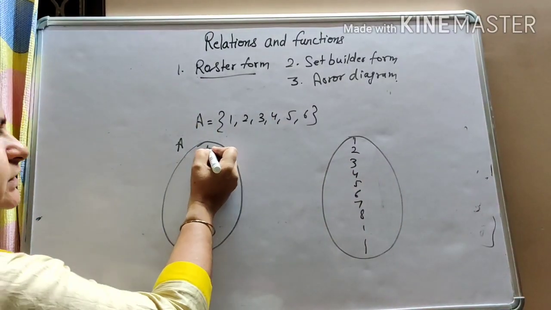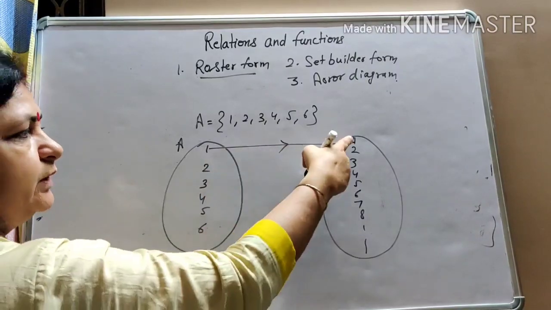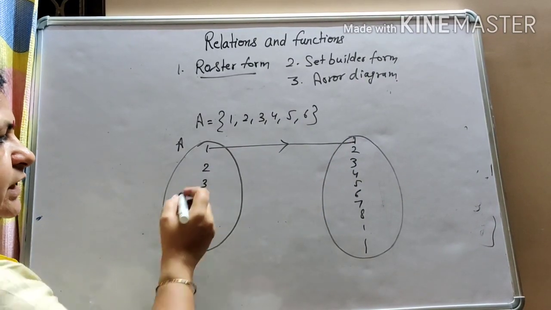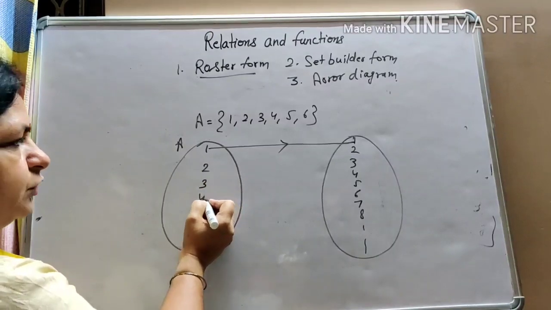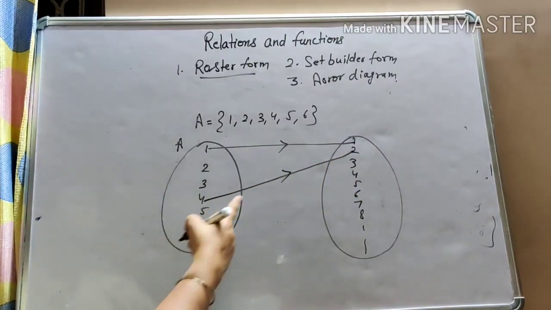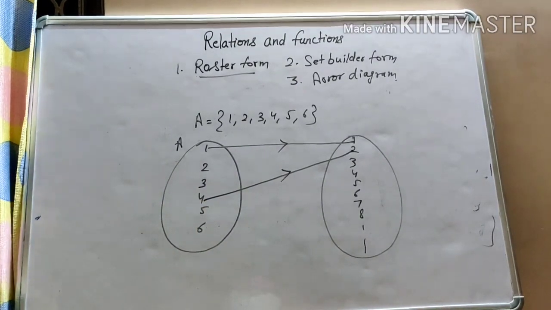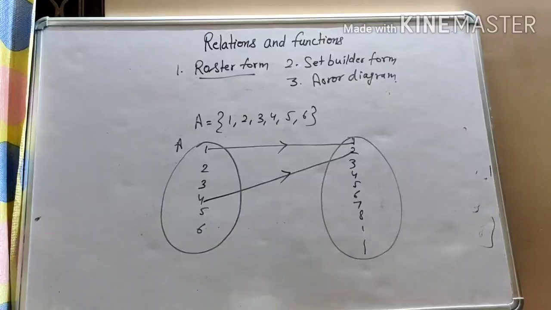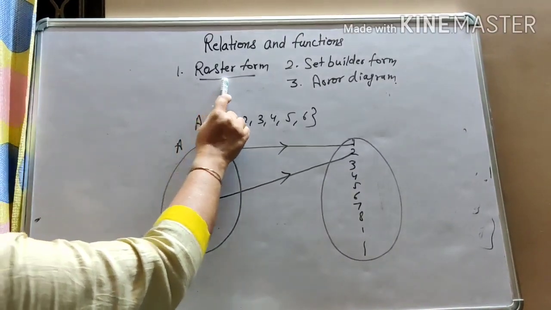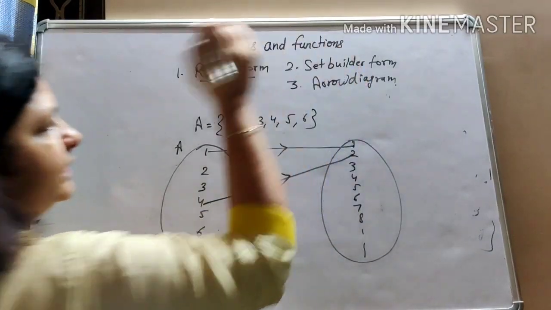Now we have relation between 1 and 1, and we have relation between 4 and 2. So this is the representation of the relation by an arrow diagram. So in this way we can represent relation in roster form, set builder form, and by arrow diagram.